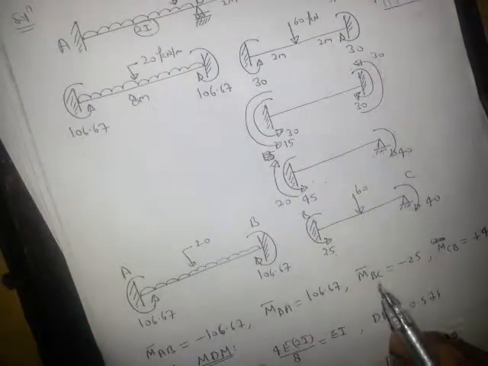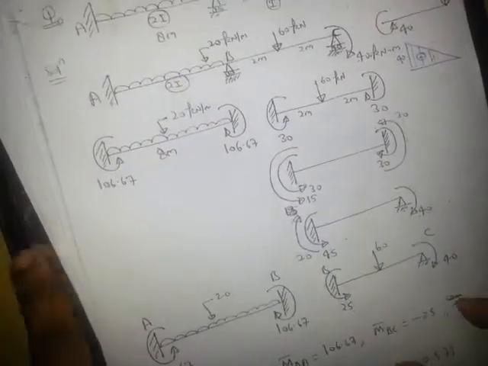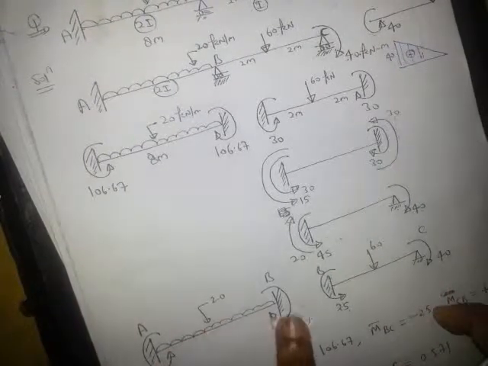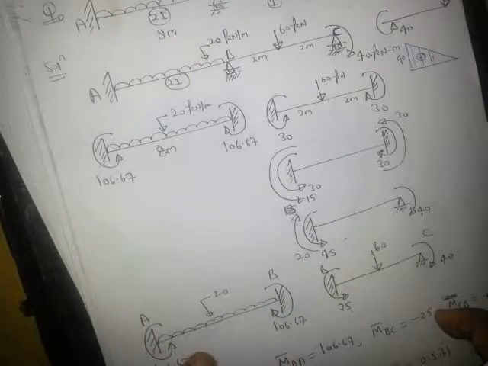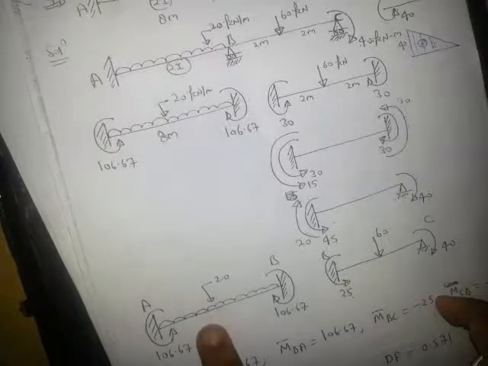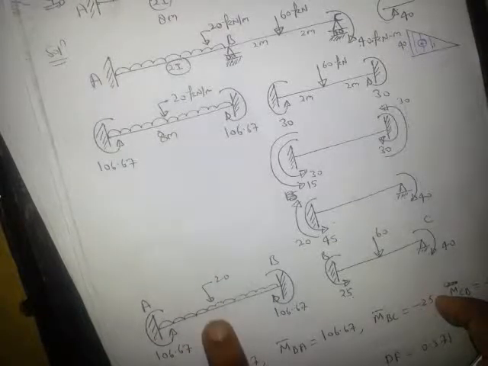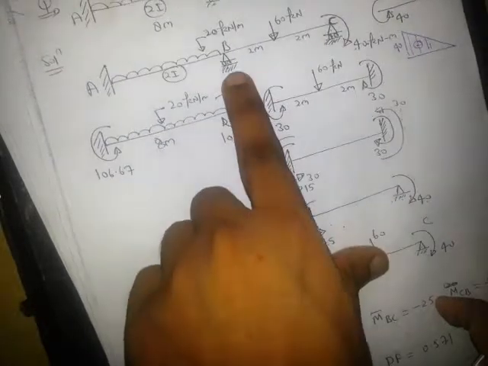Now I will write the slope deflection equation. See how I write. First, since the far end is fixed, I will write MAB equal to M bar AB, meaning this is anti-clock, minus this, plus 2EI divided by L, 2 theta A plus theta B. Theta B is unknown, right?